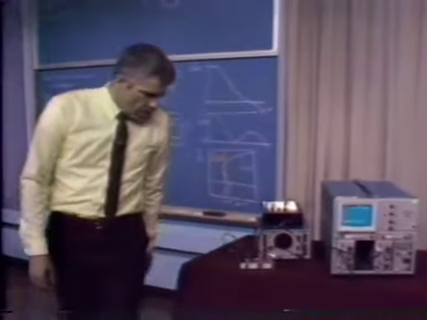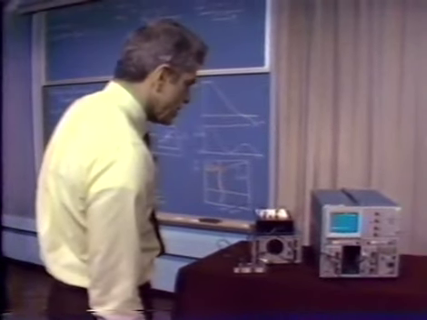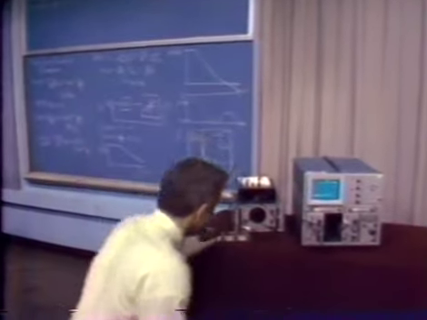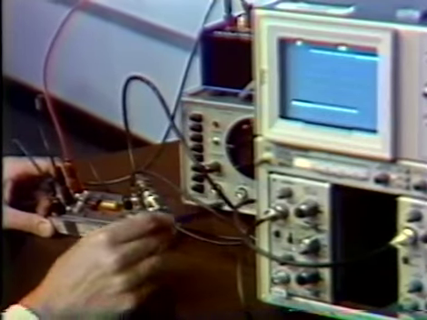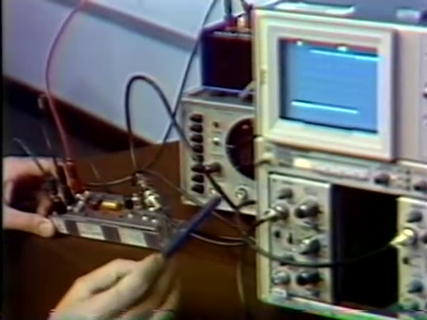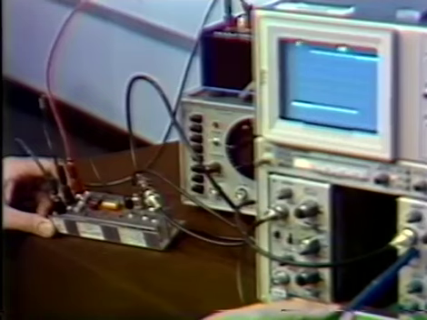What we are showing now are simply the characteristics associated with the Schmitt trigger. And here, in order to do this, we apply a triangular sweep to the input of the Schmitt trigger from the function generator. We use that same sweep on the horizontal axis of the oscilloscope.